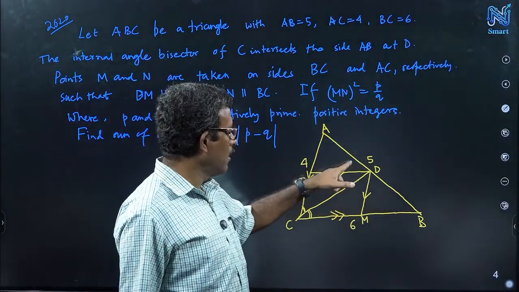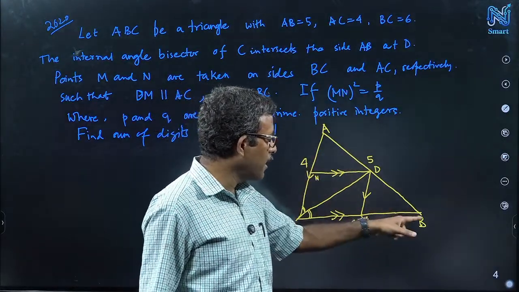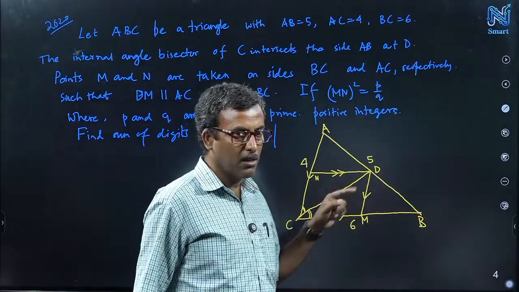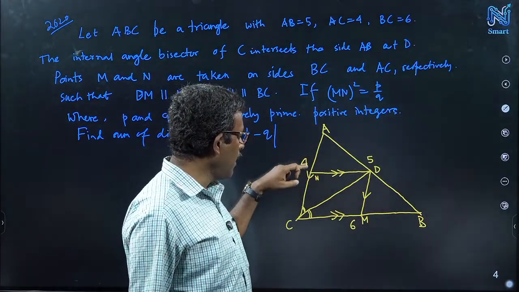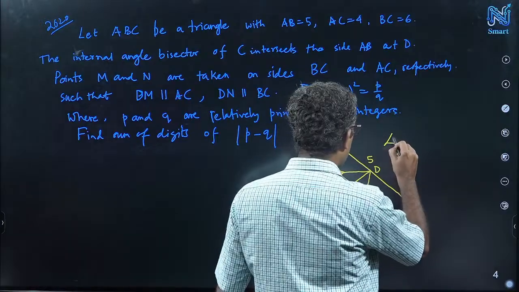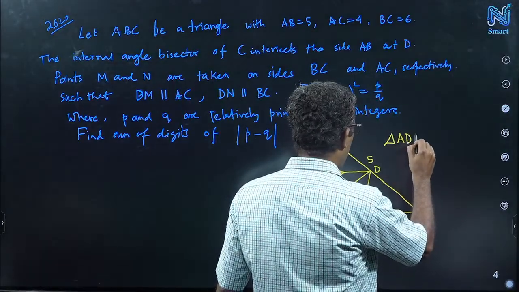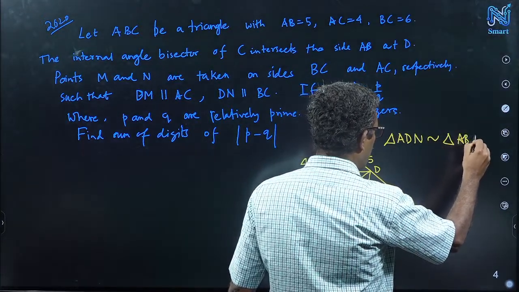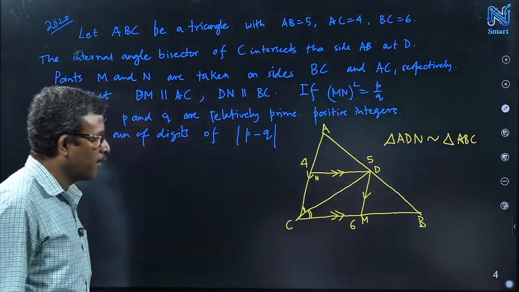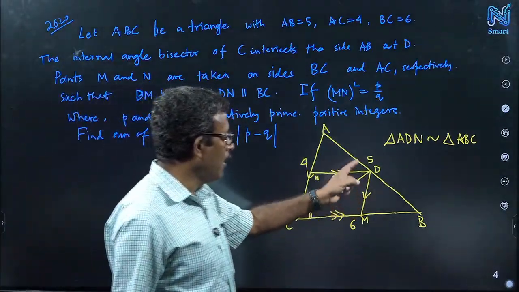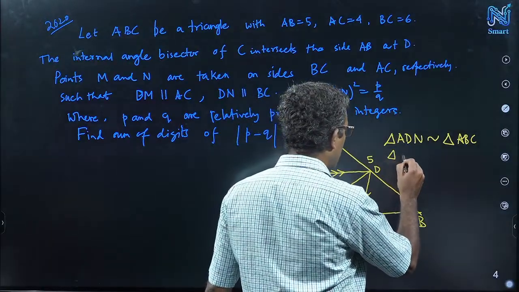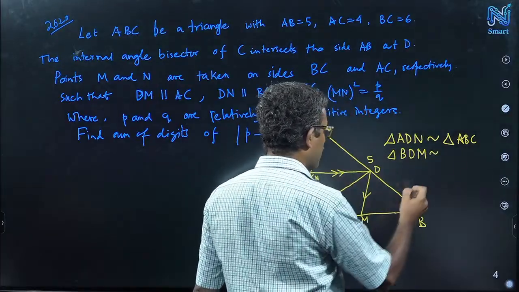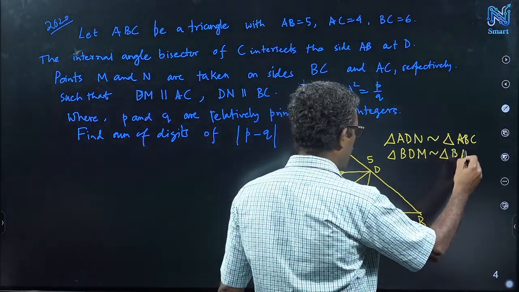Since DN is parallel to BC, angle ADN is the same as angle ABC and angle AND is the same as angle ACB. Therefore triangle ADN is similar to triangle ABC. And what is the other similar triangle? Triangle BDM is similar to the same triangle, triangle BAC.